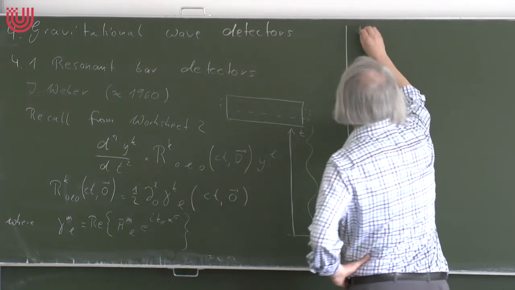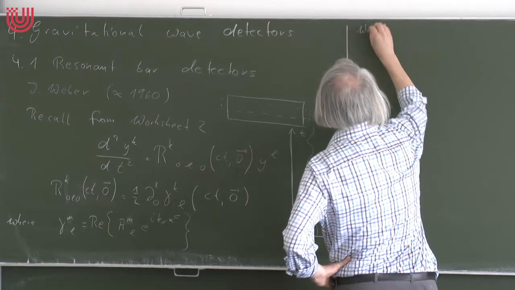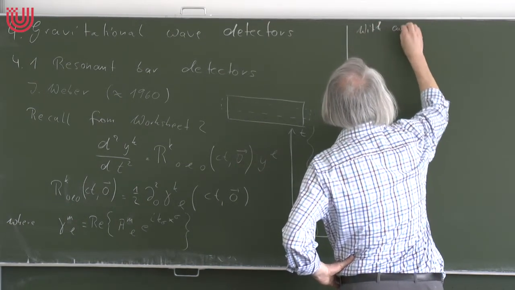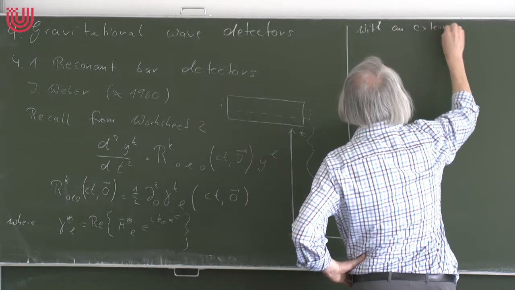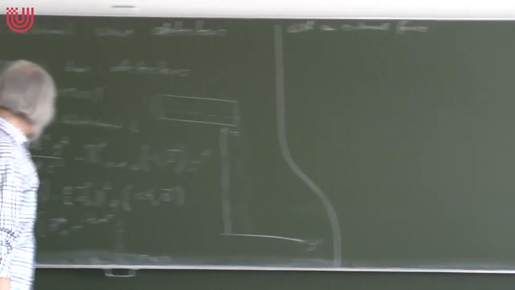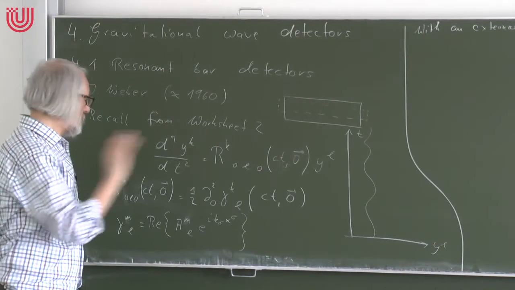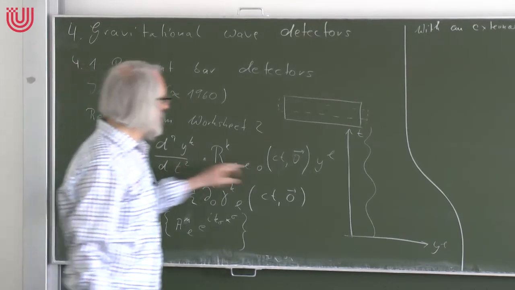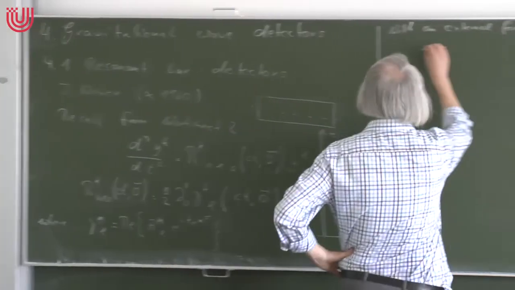So with an external force, if I let the particle not freely fall, if I have a force acting on the particle, then I have to modify this by adding a term.